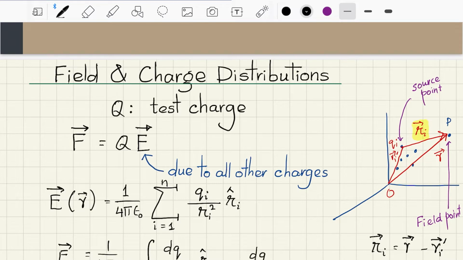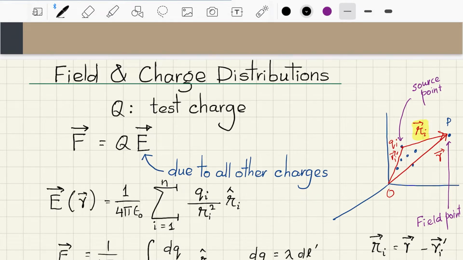dq would be lambda dl prime for line charge, sigma dA prime for surface charge, and rho d tau prime for volume charge.